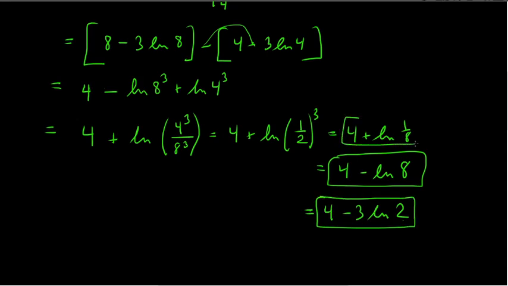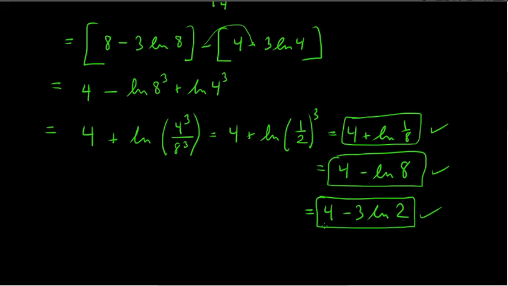Right, and I'm basically not too picky about this. You can leave it any way you want here. Although, don't leave it like this. It's just a little bit messy. But you should convince yourself that all of these are equivalent. These are just the properties of logarithms.